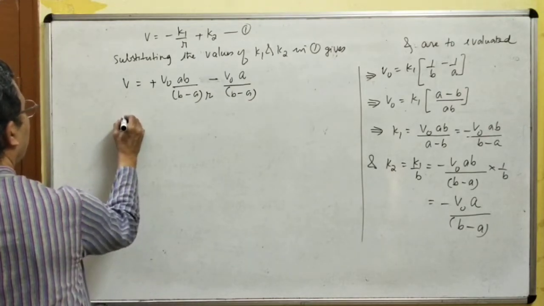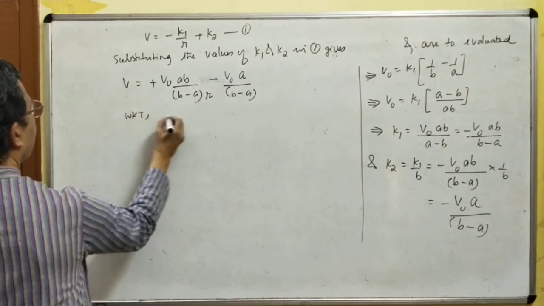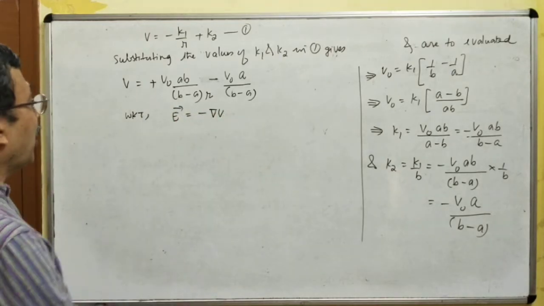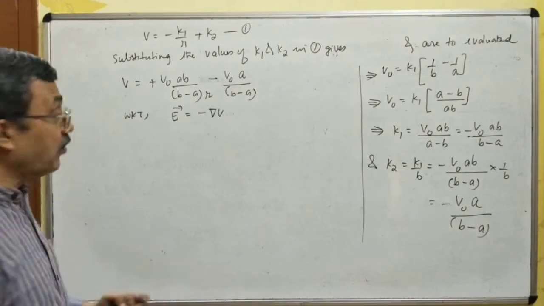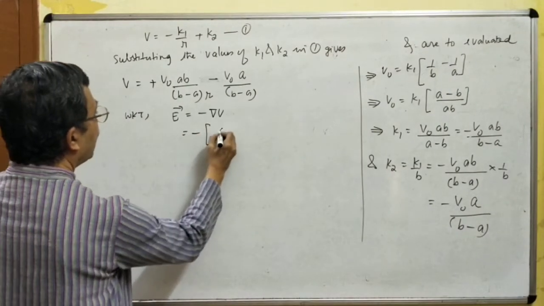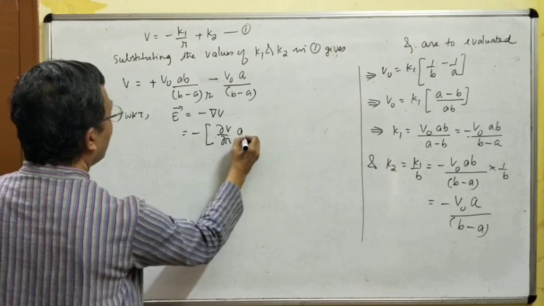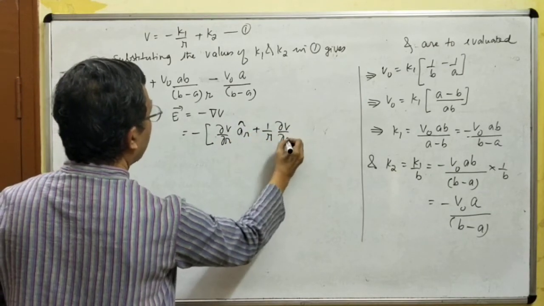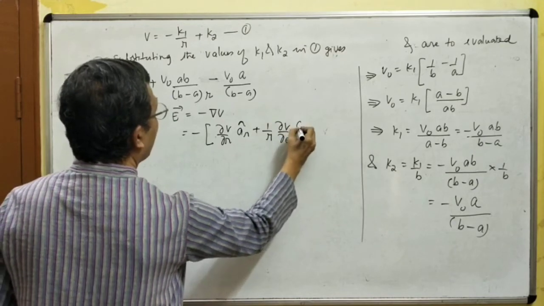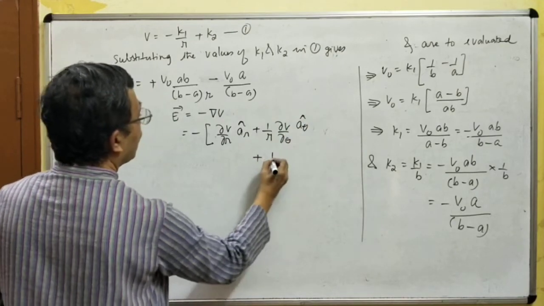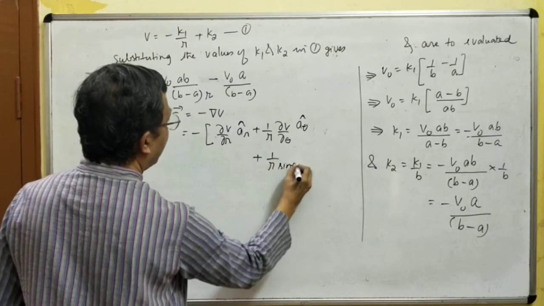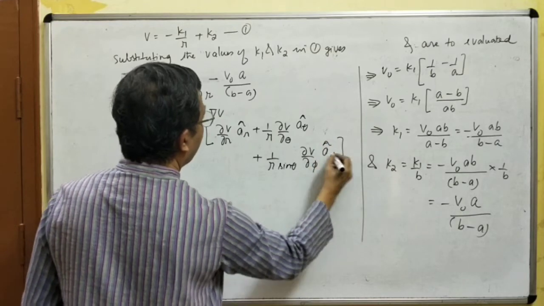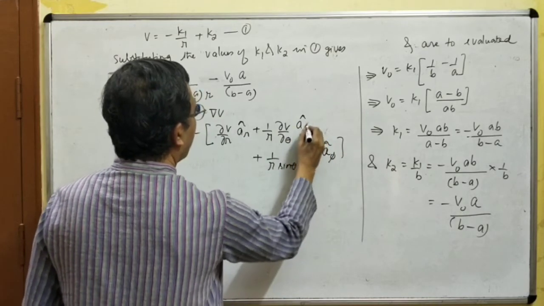Now, next, to find vector E. We know that vector E is equal to minus grad V. In a spherical coordinate system, the expression for the gradient has to be recalled. This is minus dou V by dou r into a r cap plus 1 by r dou V by dou theta into a theta cap plus 1 by r sin theta dou V by dou phi into a phi cap.